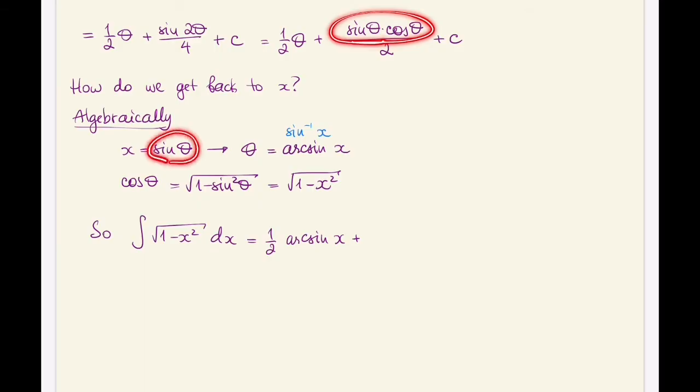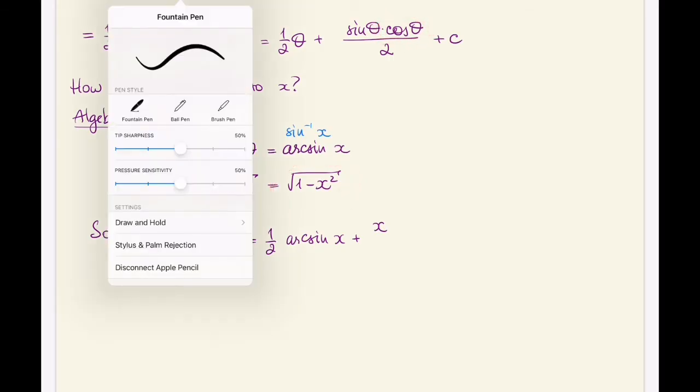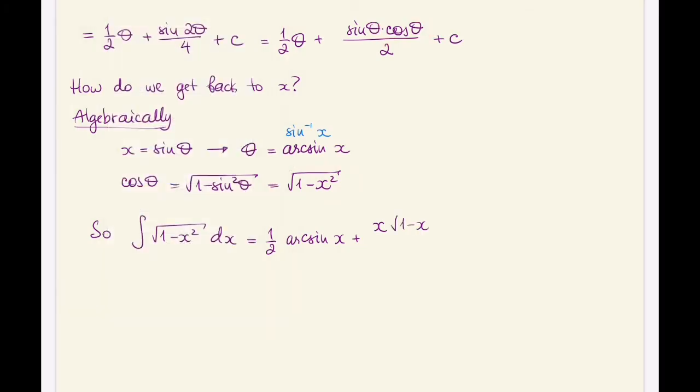So sine theta is just x, so first one is just x, and then cosine theta, which I derived to be square root of 1 minus x squared, all over 2, plus a constant.